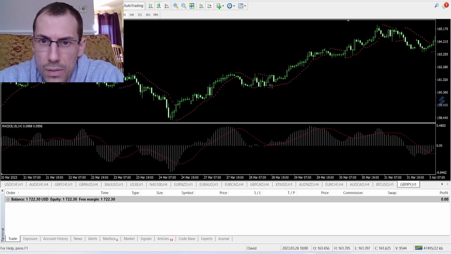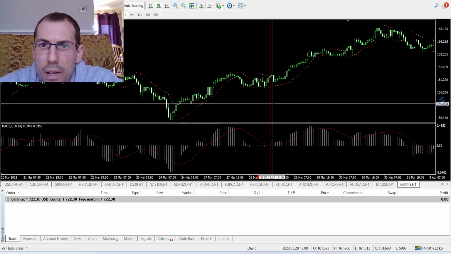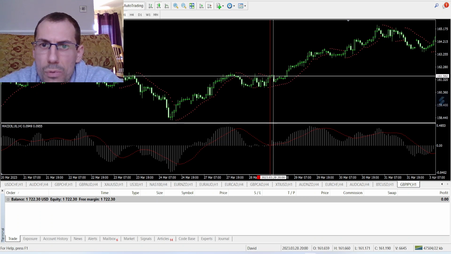So second point, second buy. Yeah, second buy, second point. Your entry would be this candle here. The market went against you 47 pips. Where can you put your stop loss?